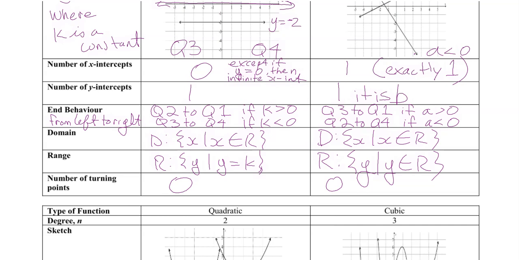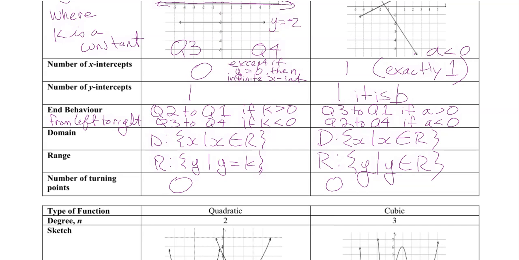How many y-intercepts are there? And can you tell me anything about the y-intercept? Yeah, we can. How many turning points are there? Well, there's this many. What's the domain? This. What's the range? That. What's the end behavior? So every function we look at, we're going to be describing in terms of what's in this chart.